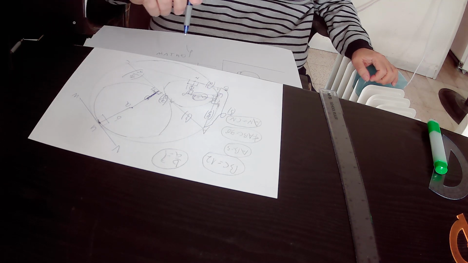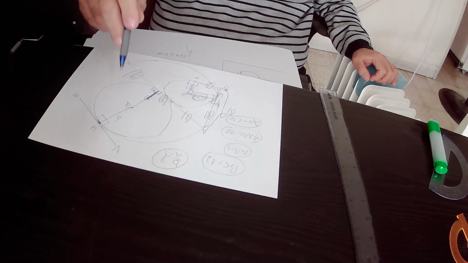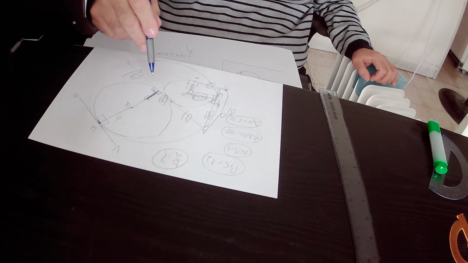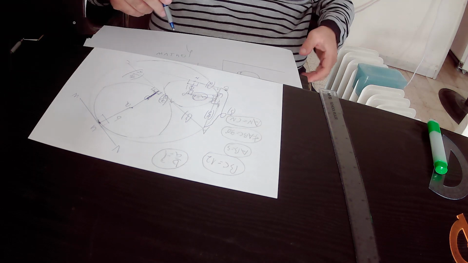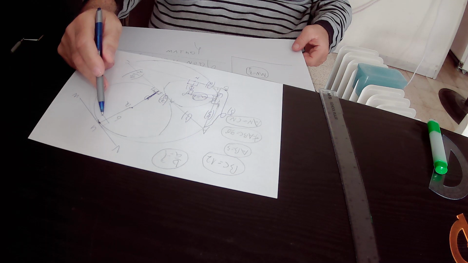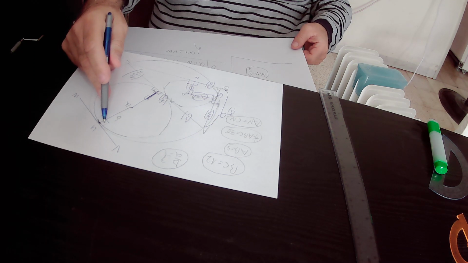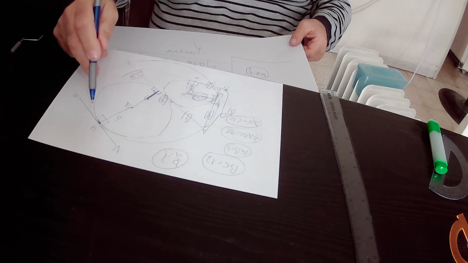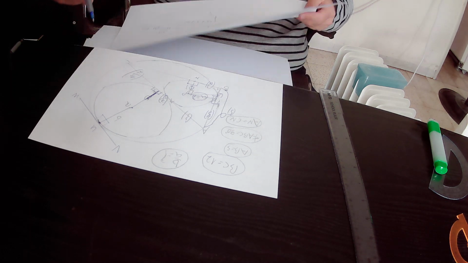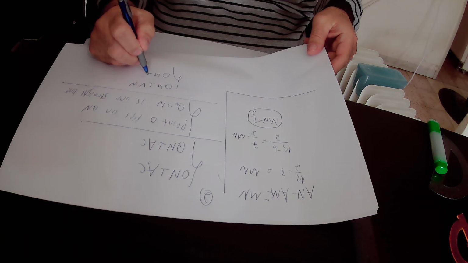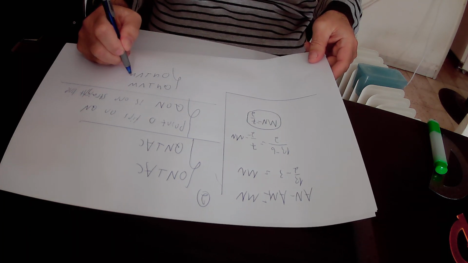Whenever we have a radius that is drawn to the point of tangency, then tangent VW will be perpendicular to the radius OU. That is to say, this angle will be equal to 90 degrees and this angle equals 90 degrees according to rule number 1. So I can write down also that OU is perpendicular to tangent VW.